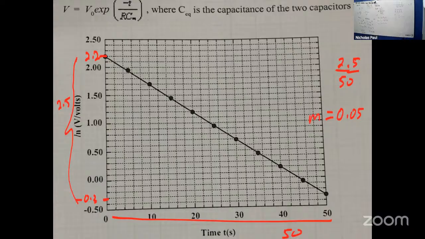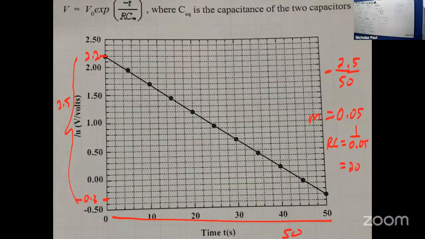Minus 1 on RC. Oh, by the way, the gradient is negative. So it means that RC is equal to 1 over 0.05. How much is that? 20. Work it out. So that's 20.